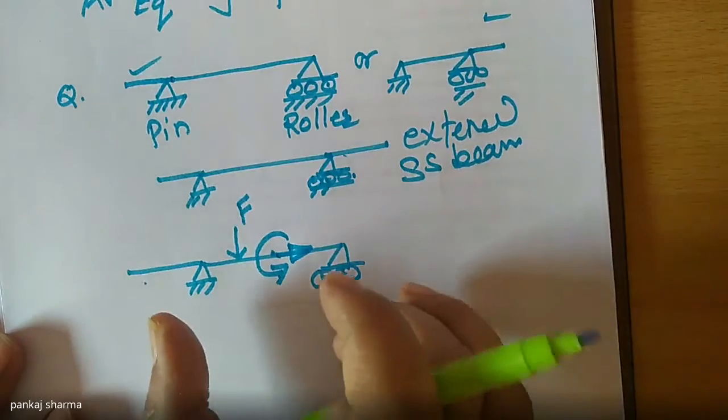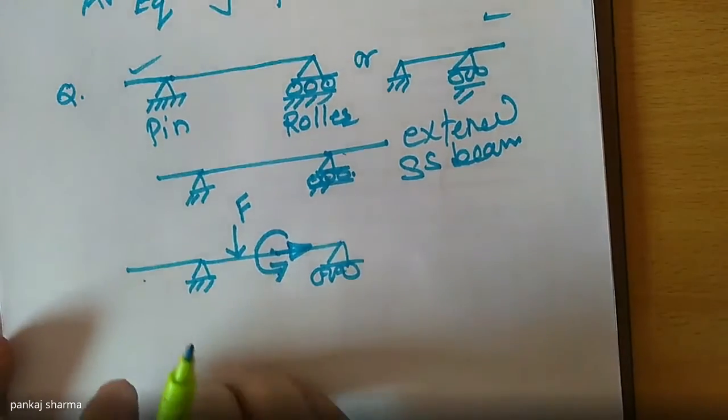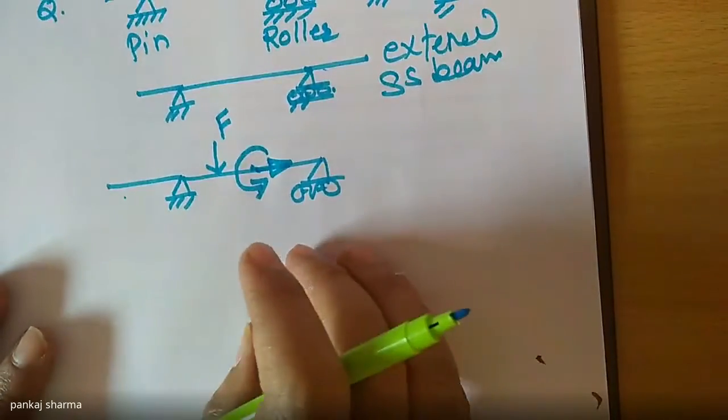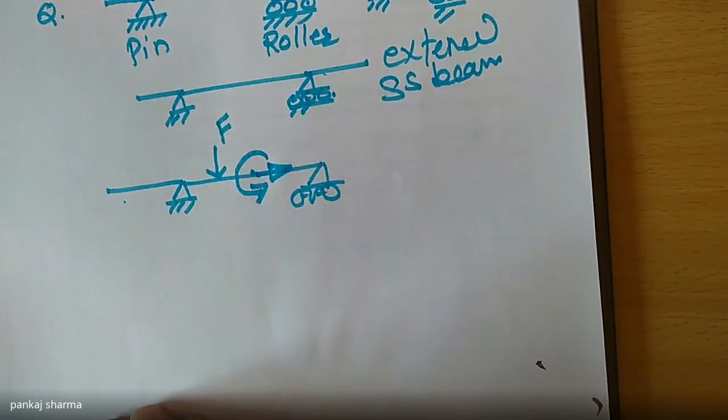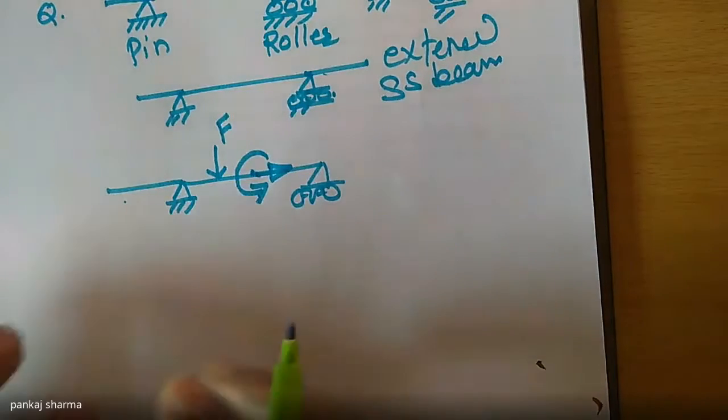So we can check how many unknowns and how many equations of equilibrium we have to use to calculate the value of unknowns.